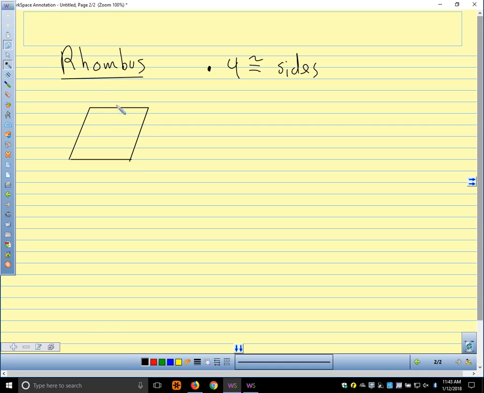So we have 4 sides that are all the same. The diagonals of a rhombus are perpendicular. So the diagonals meet at a 90-degree angle.